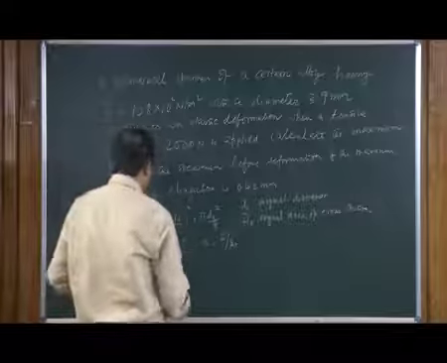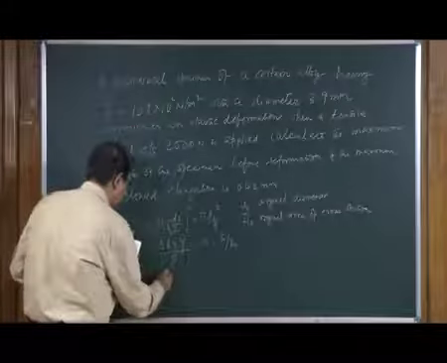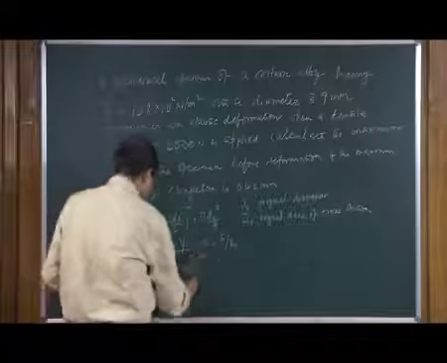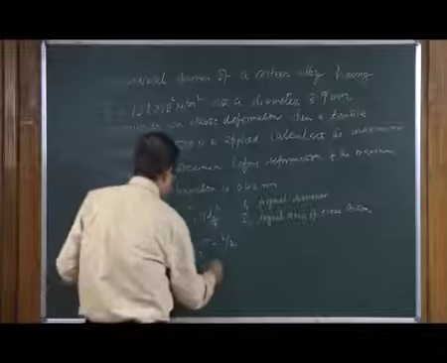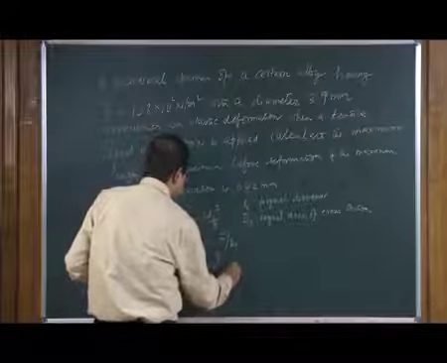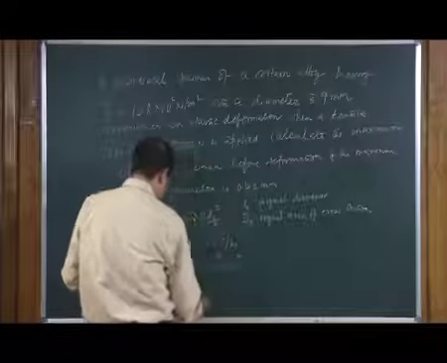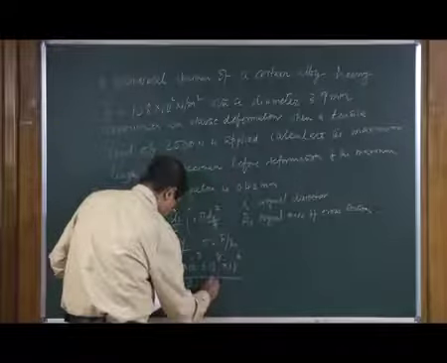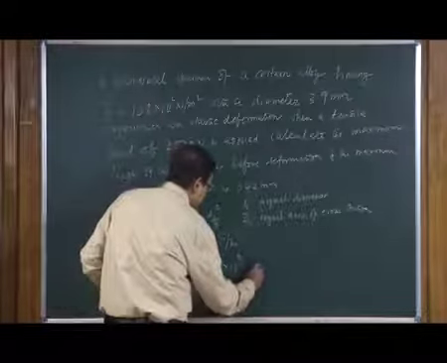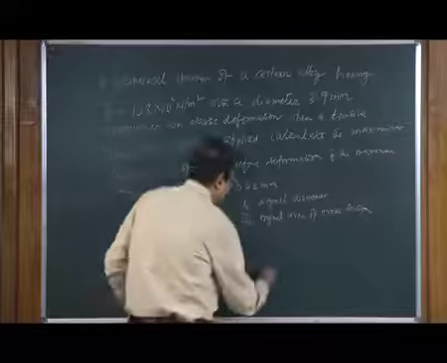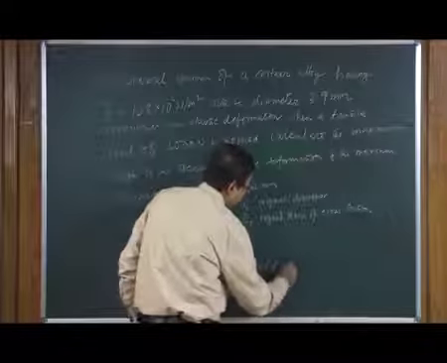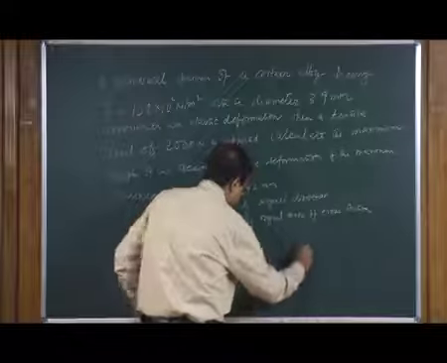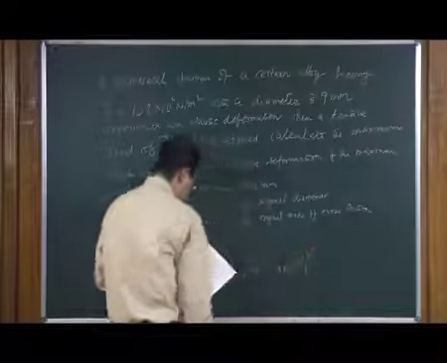If we put in all these things, 0.42 into 10 to the power minus 3 into 108 into 10 to the power 6 divided by 2000 into 4 into pi and 3.9 into 10 to the power minus 3 whole square.